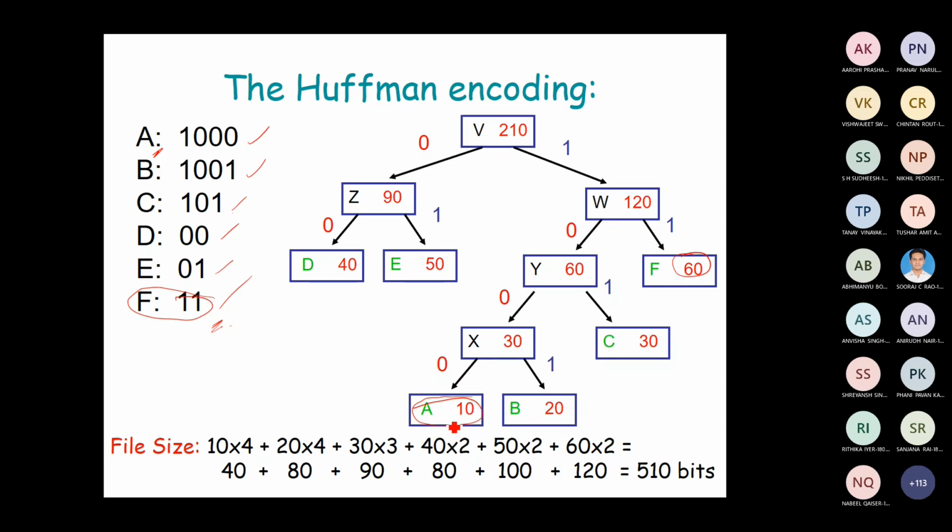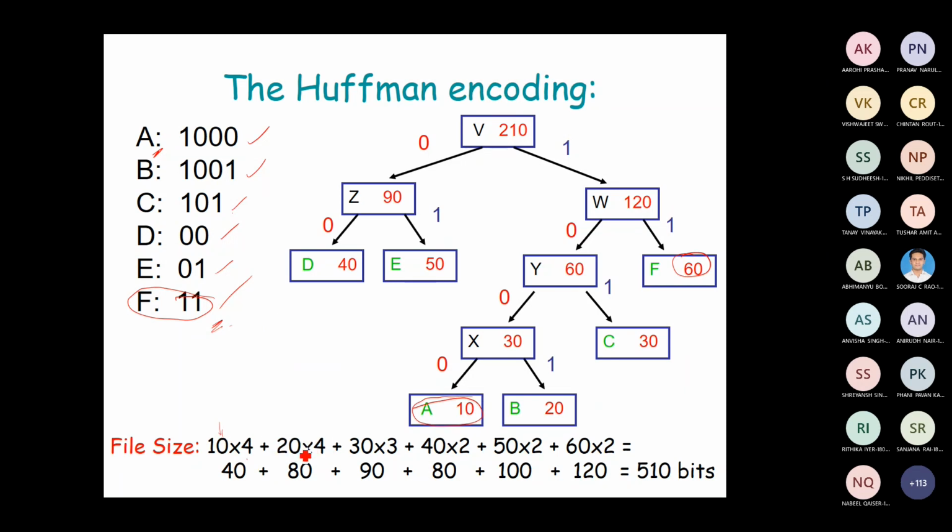The idea in Huffman coding is that if a symbol occurs very often, it should be represented by the least number of bits. A symbol which occurs very rarely should be represented by more bits, so we can reduce the number of bits and also the bandwidth during transmission. So what is the total file size according to this Huffman encoding? 10 into 4, because there are 10 characters where the code length is 4.